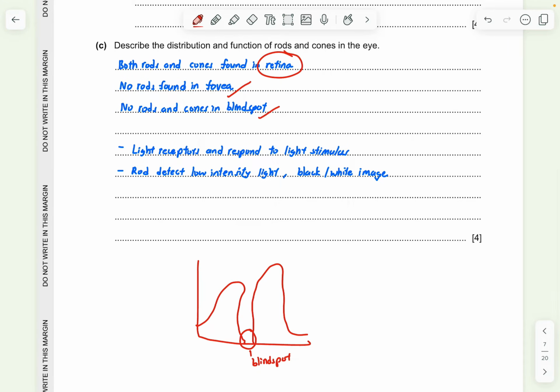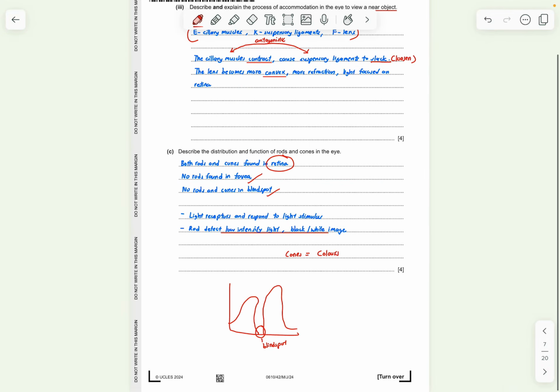Light receptors respond to light stimulus, because you need receptors to identify that a stimulus is coming. Rods detect low intensity light, giving a black and white image. Cones detect high intensity light. Remember cones as colors, cones as colors. That's why you need the cones to be present there.